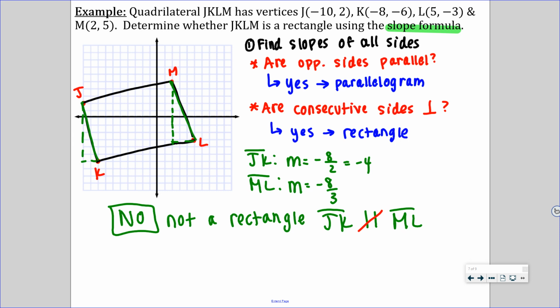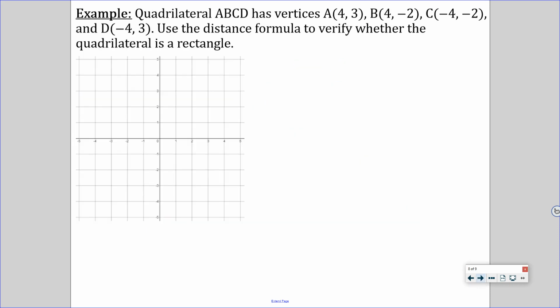All right, then our other case scenario is we can use distance formula. Okay. So same idea. We want to know if this quadrilateral is a rectangle, but this time they want us to use distance formula to verify.